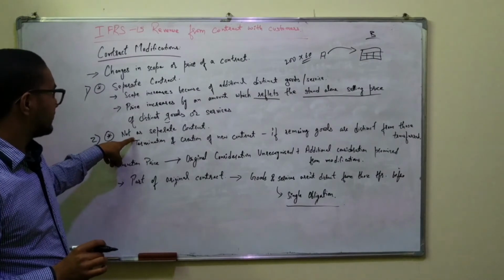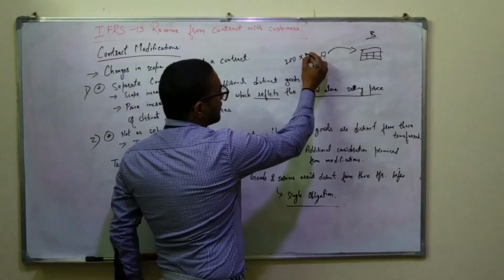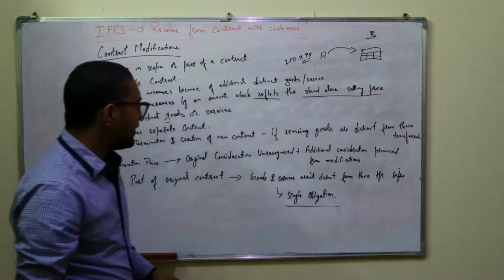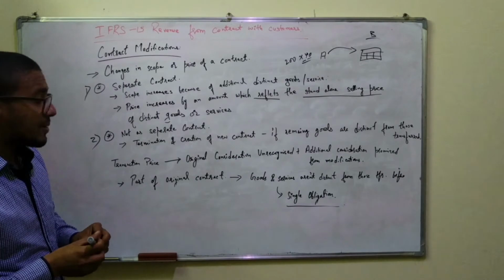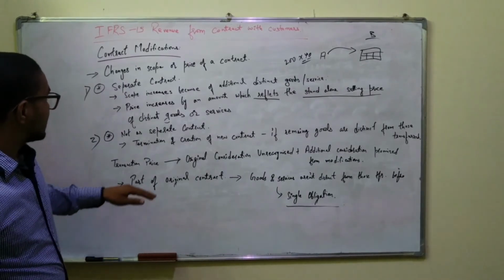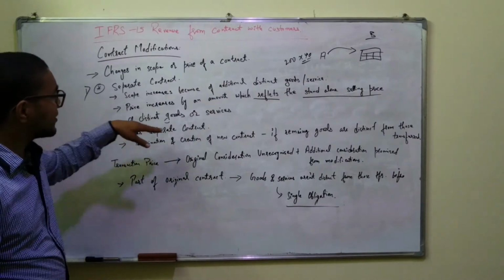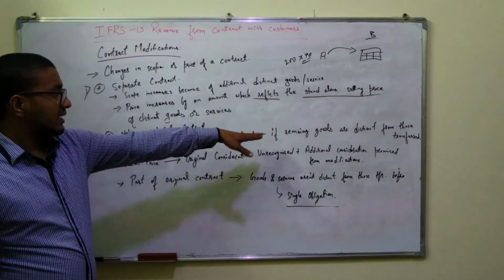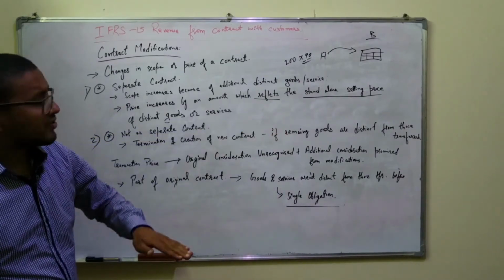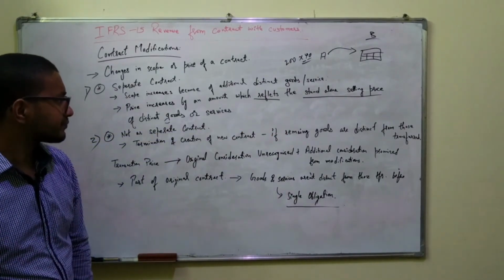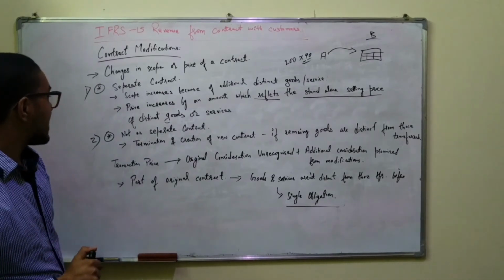Whereas if that amount would be $40, then it wouldn't be considered a separate contract. It would be part of an existing contract. It would be termination of the existing contract and creation of a new contract, because the remaining goods are distinct from those transferred earlier.